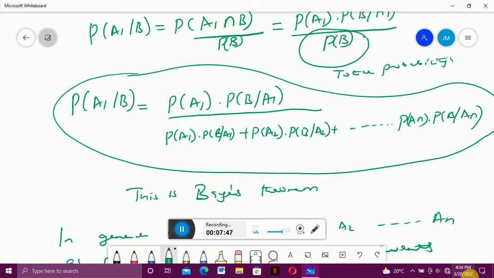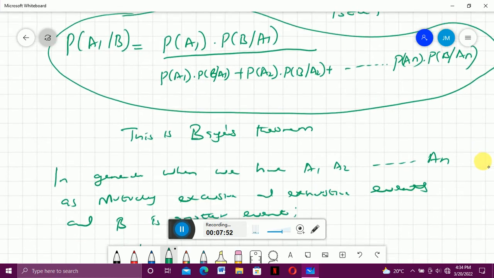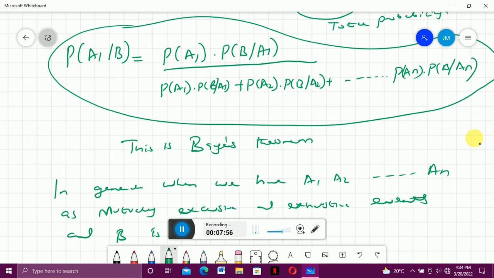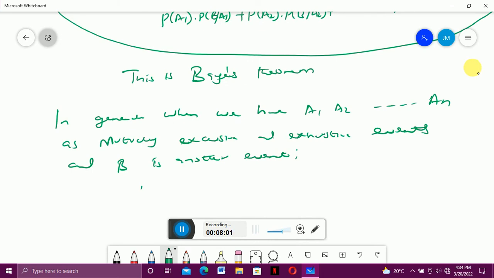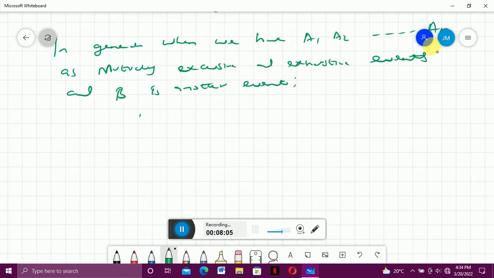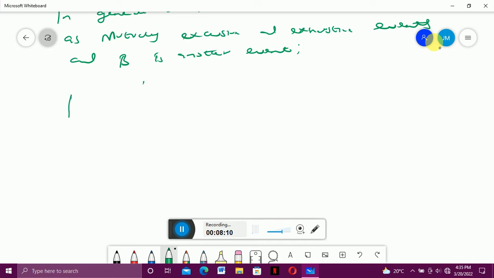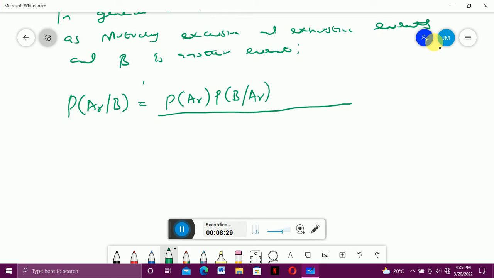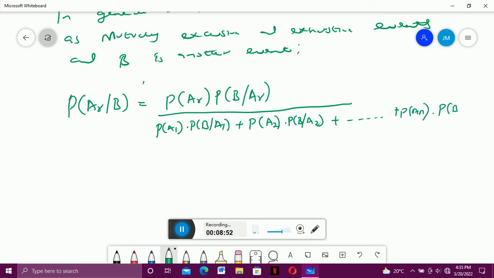So we write the probability of AR given B is equal to the probability of AR times the probability of B given AR, all divided by the denominator, which remains the total probability: the probability of A1 times the probability of B given A1, plus the probability of A2 times the probability of B given A2, plus all the way to the probability of AN times the probability of B given AN.